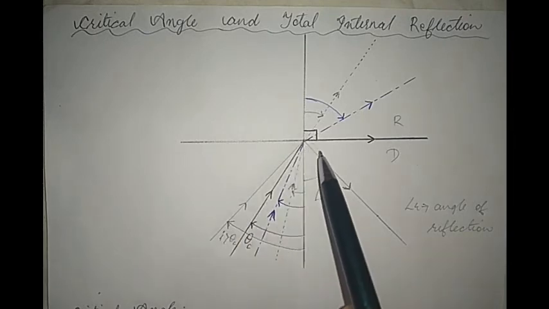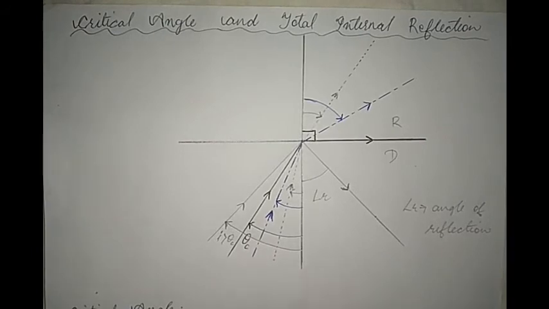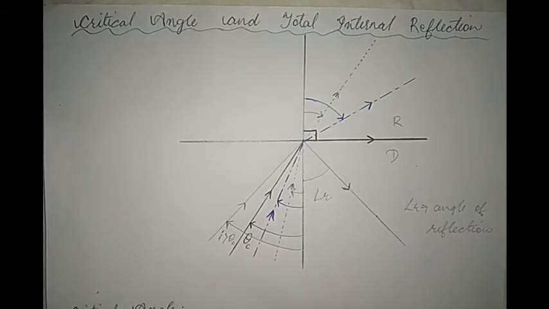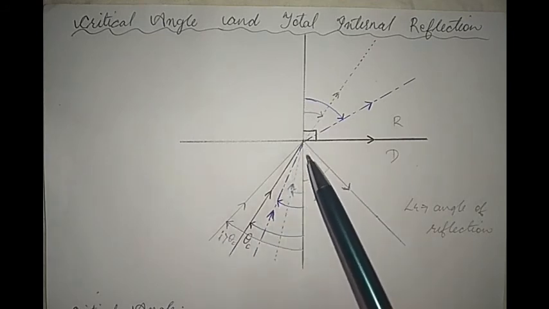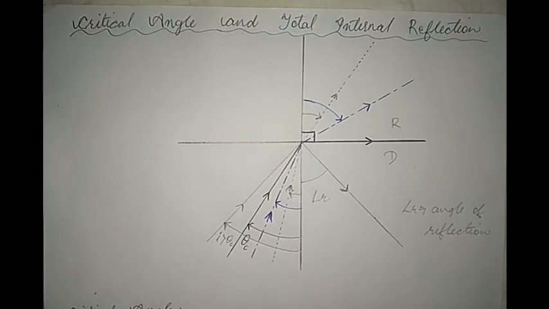And this phenomenon of the ray of light getting totally reflected back into the denser medium is what is called total internal reflection. The reason it's called total is because 100% of the intensity of incident light gets totally reflected back, unlike in the case of a mirror.